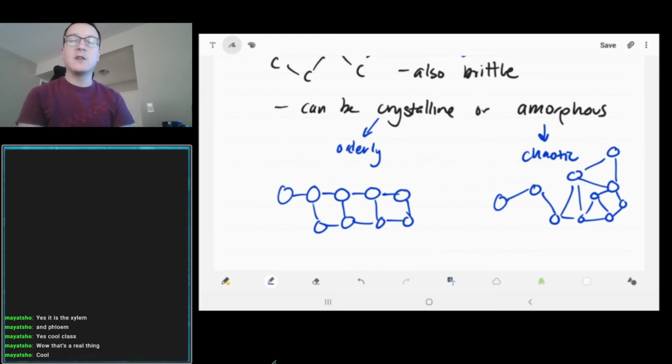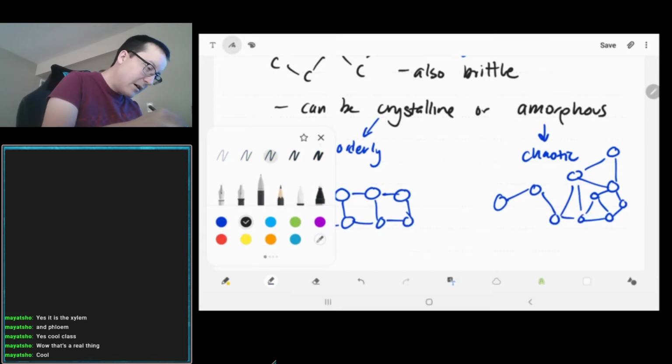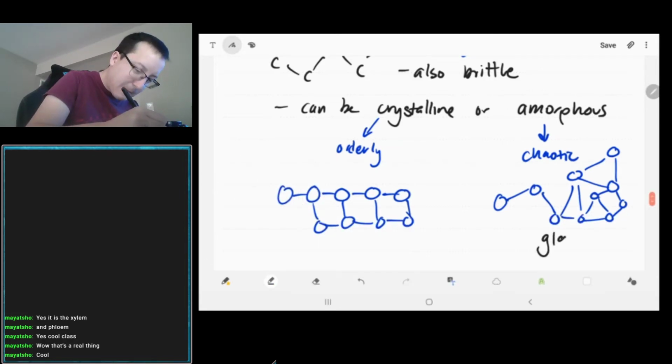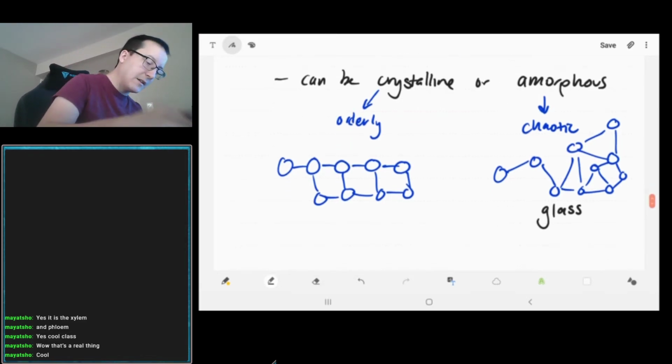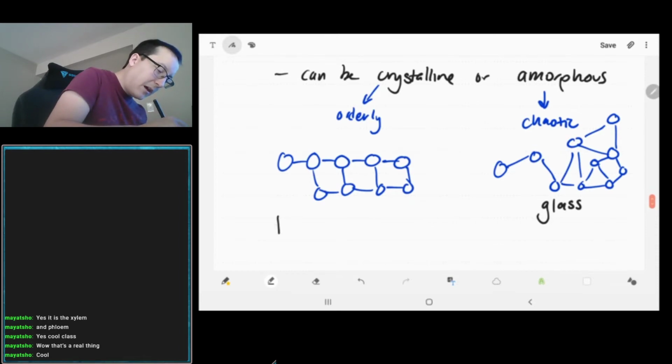So crystalline solids are nice and orderly. Amorphous ones are chaotic. So this would be something like glass is an amorphous solid. Chaotic, we can see through it very nicely. Crystalline ones we typically can't see through as nicely.